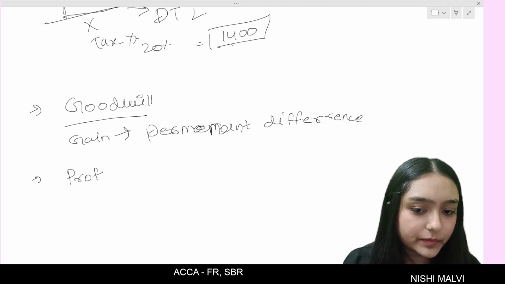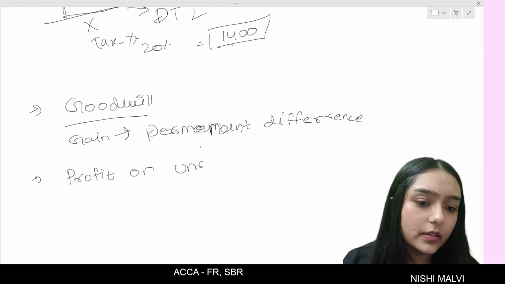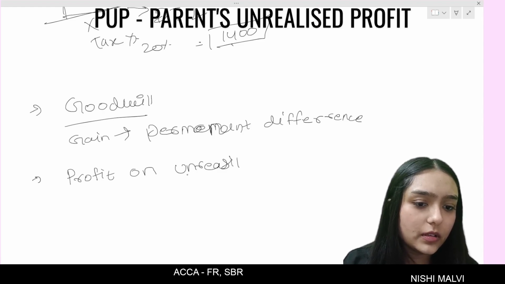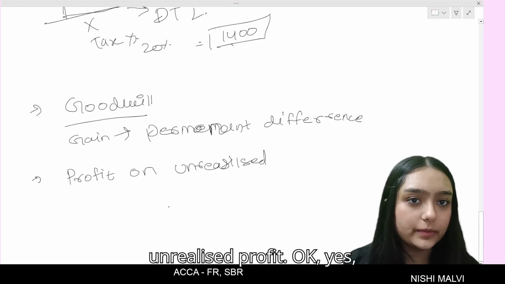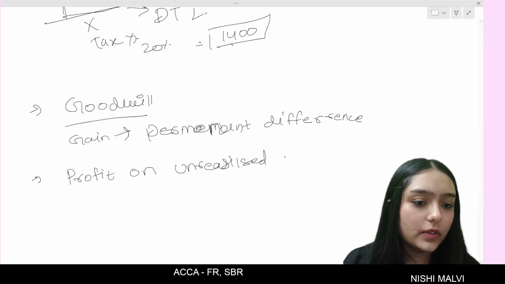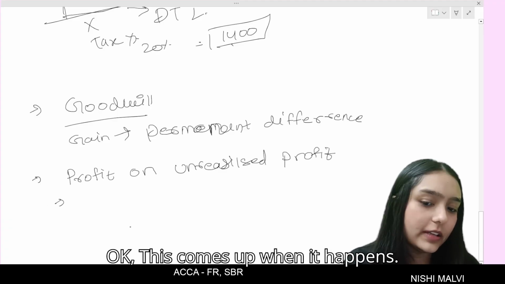And then the last part comes up, profit on unrealized profit. Okay, this comes up when it happens.